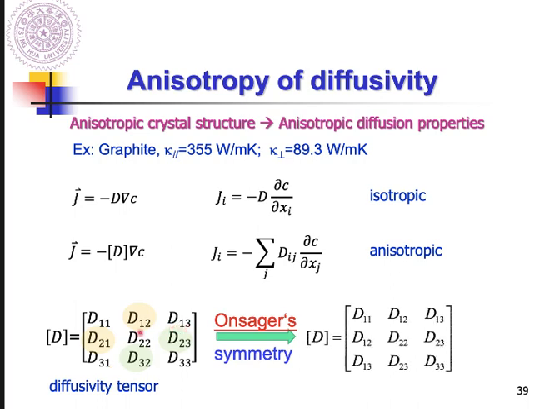So based on this Onsager symmetry, we have 1, 2, 3, 4, 5, 6. After this symmetry, we only have 6 parameters of the diffusivity tensor.